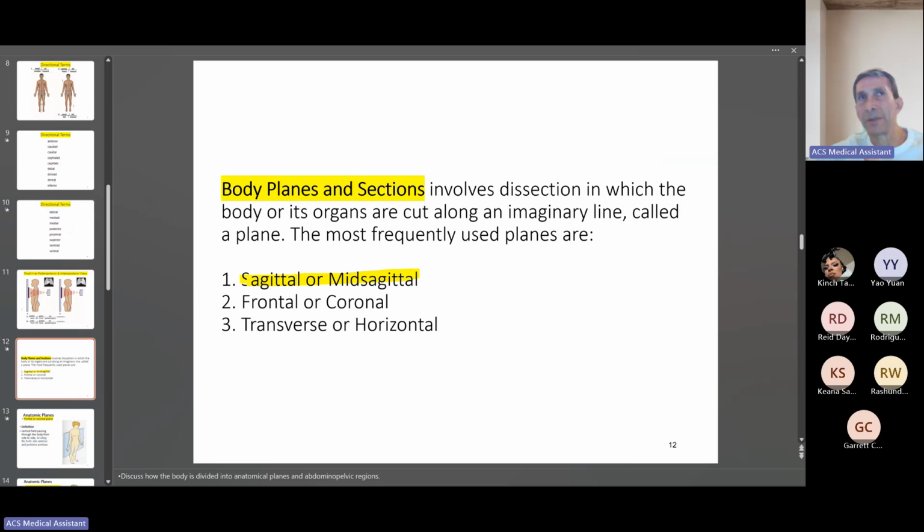Sagittal, sides, dividing the body into sides, whether right and left. But when it says mid-sagittal, we are dividing the body into equal parts because it's mid. We are cutting the body right in the middle. See, that is a difference.